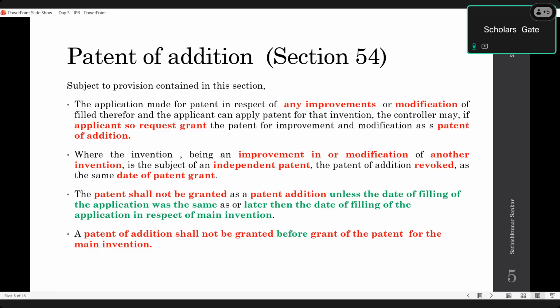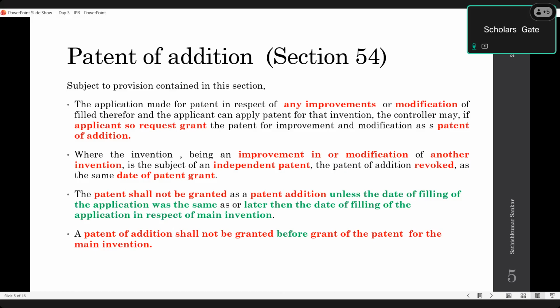At that time, the applicant can give a request to the controller to file an addition to that particular patent. He can add some claims to this main invention. That is called a patent of addition.